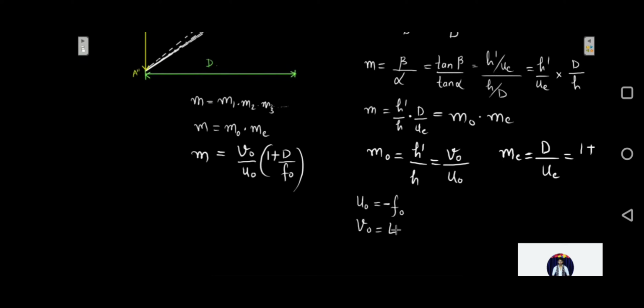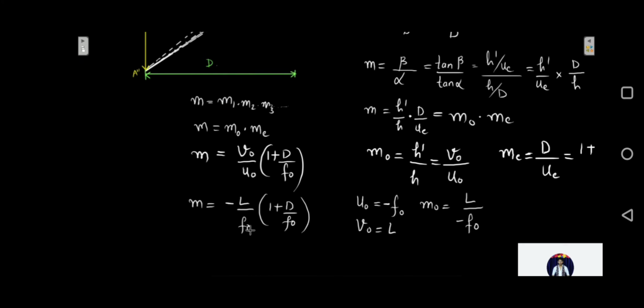Okay, so using this logic, m naught can be written with v naught as L, and u naught as minus f naught. So if we substitute this in the formula, m will be equal to what? It is going to be minus L upon f naught, I am just replacing v naught upon u naught by L upon minus f naught, into 1 plus d upon f naught.